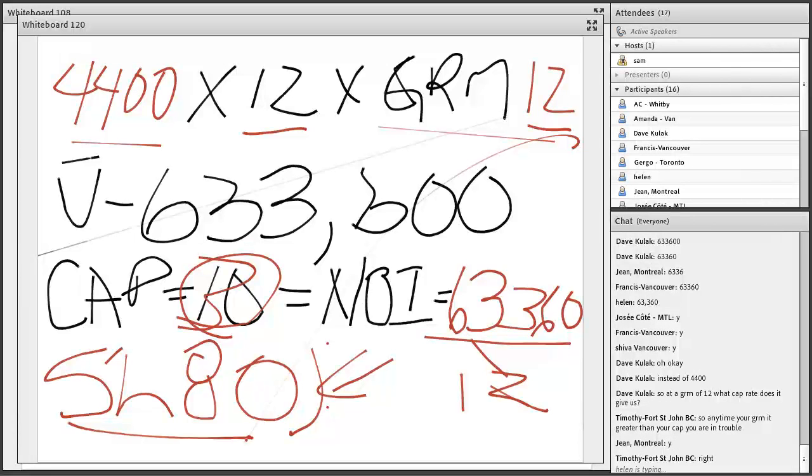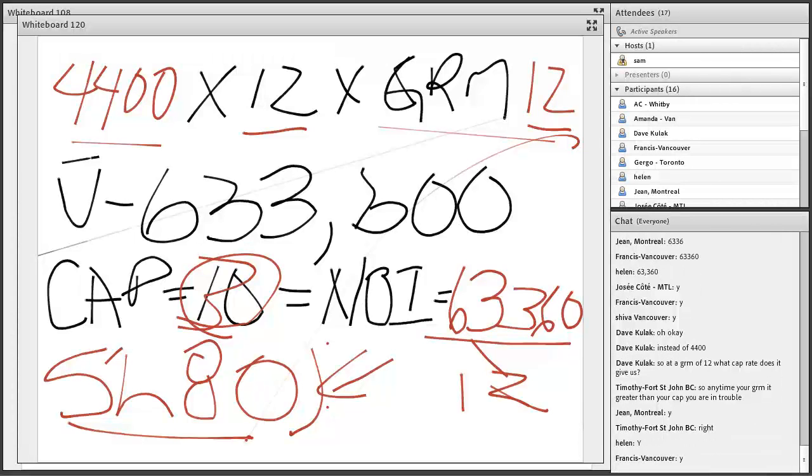I see where you're coming from. This cap rate would have to be closer to 3. Does everybody understand why? Because if the cap rate is 3, then we don't need this much money for net operating income, 63,000.